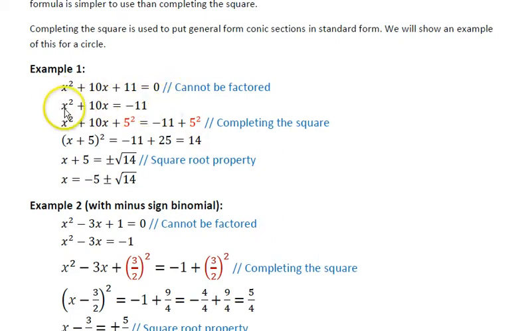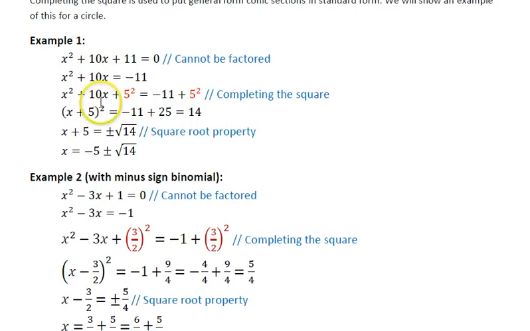Now we have x squared plus 10x. On the left, we'll complete the square, take half of 10, which is 5, and square it and add that. But since we have an equation, we have to add it to both sides. You can see in red that 5 squared is being added to both sides. That's the completing the square step.